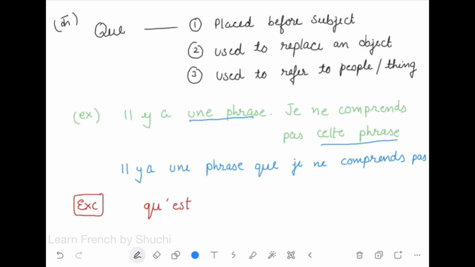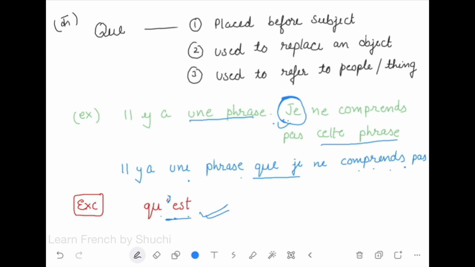This is a phrase that I do not understand. Here we are not replacing the subject. The subject is there. We are not replacing it, but we are placing que before the subject. And always remember, if a condition like est is there, the verb is there, so we always replace e with an apostrophe. So this is the condition which we have to remember.